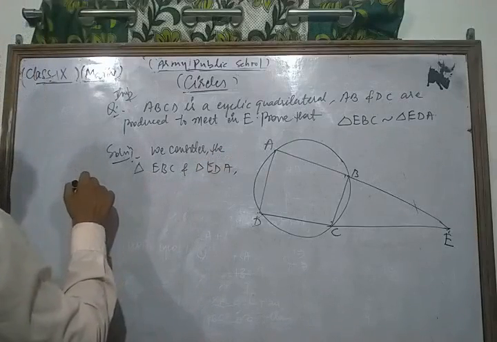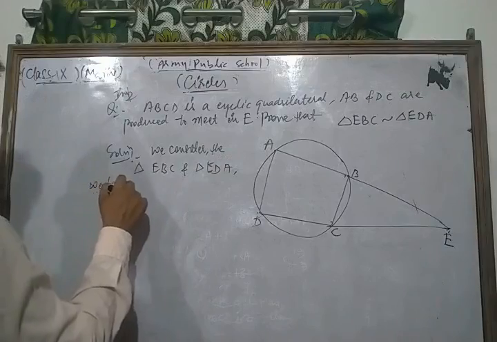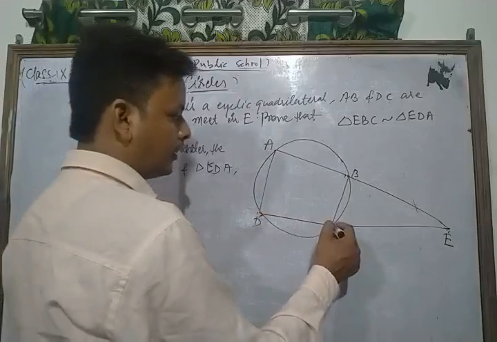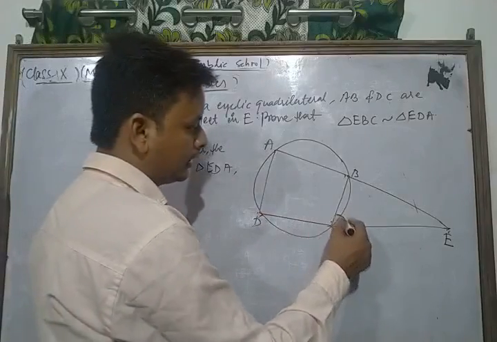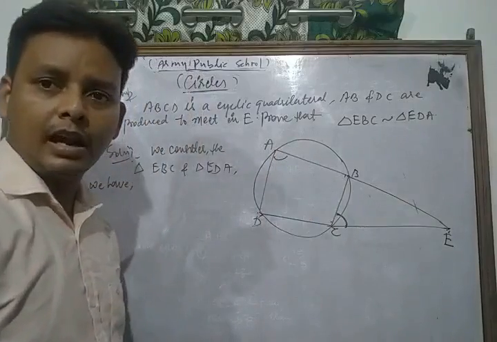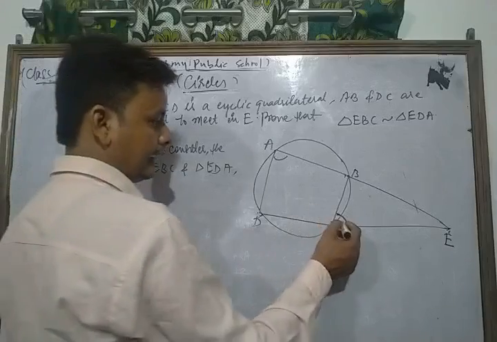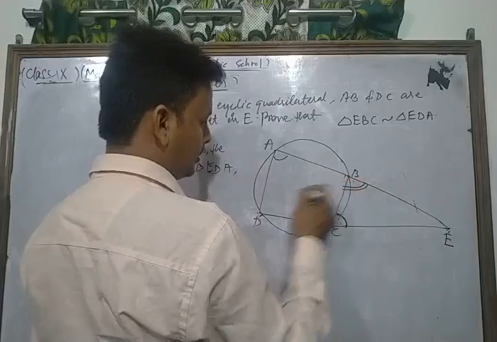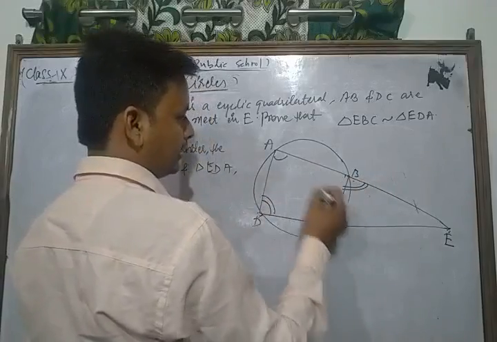We know that if one side of a cyclic quadrilateral is produced, then the exterior angle is equal to the opposite interior angle. So in that case this is exterior, that angle is equal to that angle, and that angle is equal to that angle.